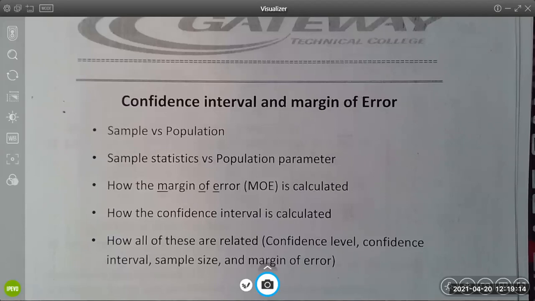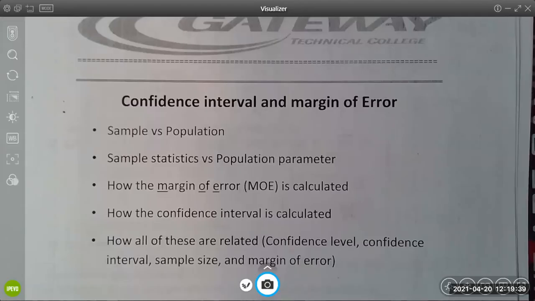So usually they do 2,000 people, maybe 3,000 people, and that 2,000, 3,000 is called a sample because it's a very small fraction, most of the time, of the population. So in other words, a sample is just a subset of a population. So that's the relation between sample and population.